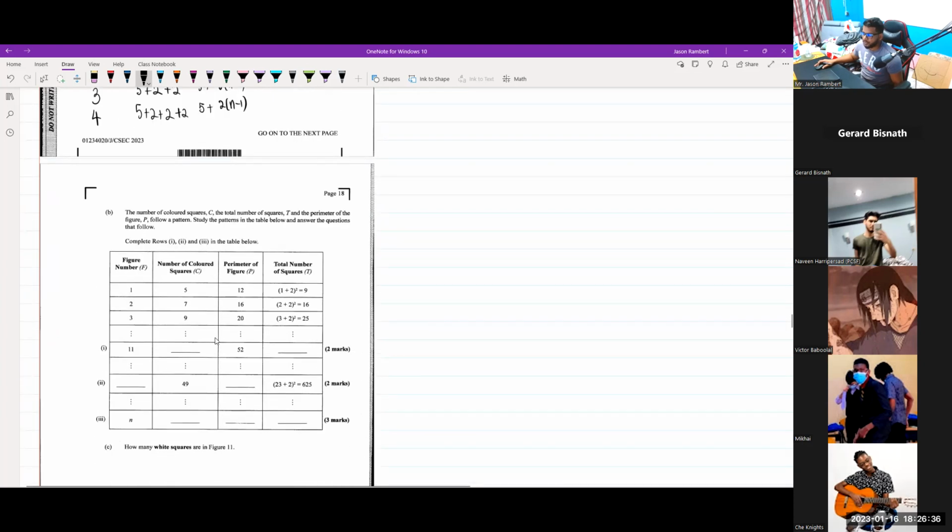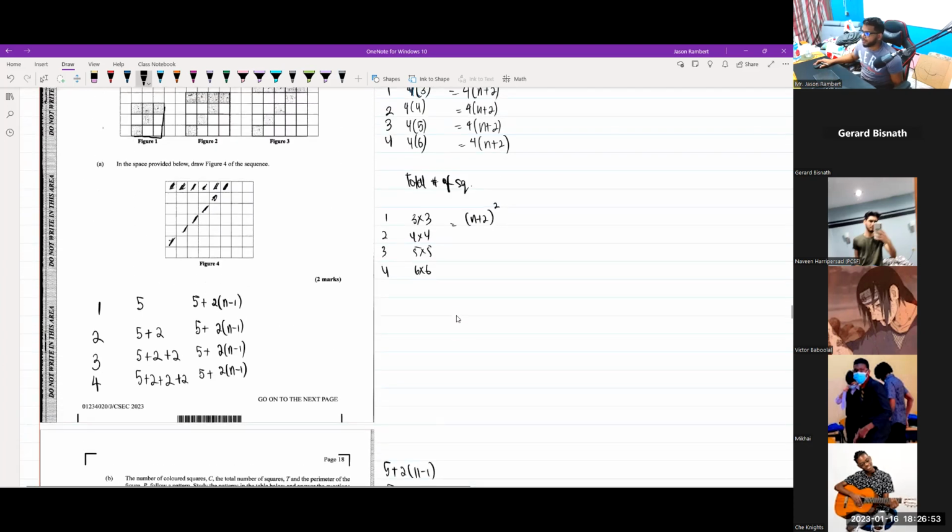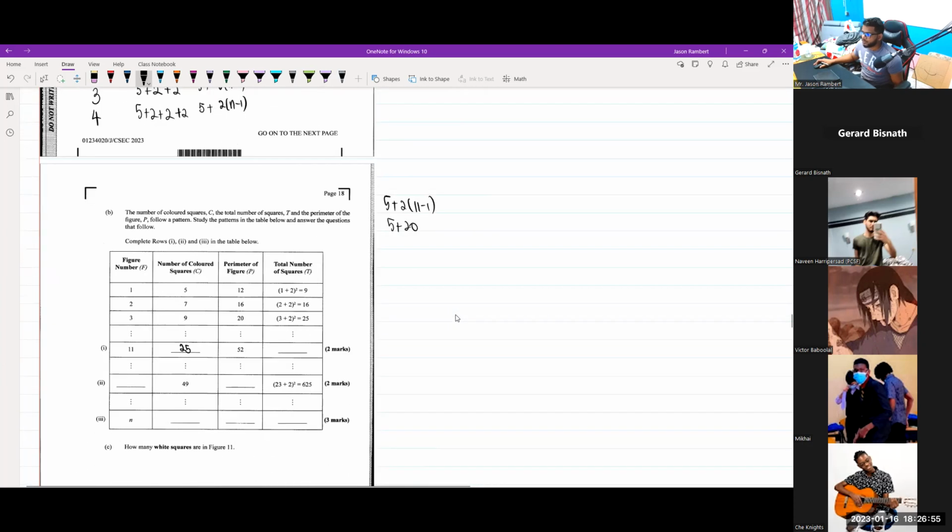Right, let's do some calculations now. For figure number 11, the number of colored squares is going to be 5 plus 2 into 11 minus 1, which is 5 plus 20, which is 25. Let me verify the perimeter of the figure. The perimeter is 4 into n plus 2, which is 4 into 11 plus 2, which is 4 into 13, which is 52.